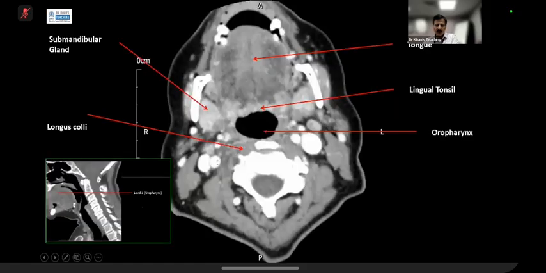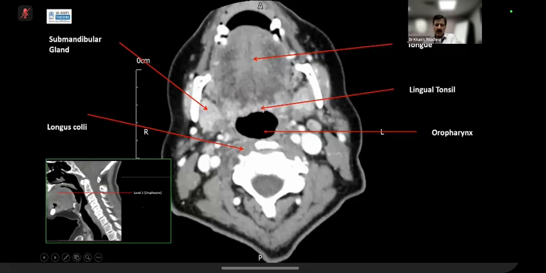And now this is the corresponding axial slice. So this is the level, and you can see the tongue here. Now on the tongue base, where I am pointing out, you can see that the density is slightly larger, slightly brighter. So this is the lingual tonsil.